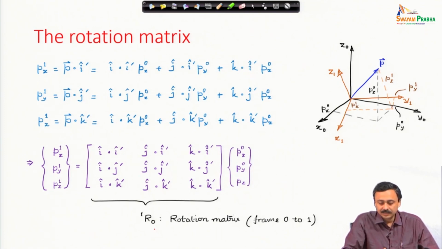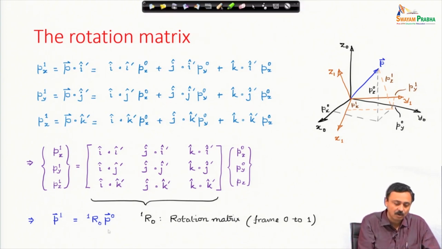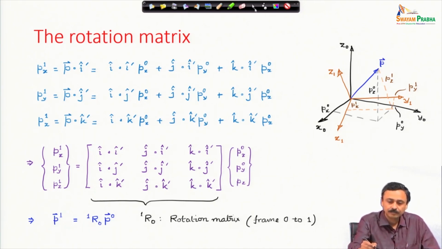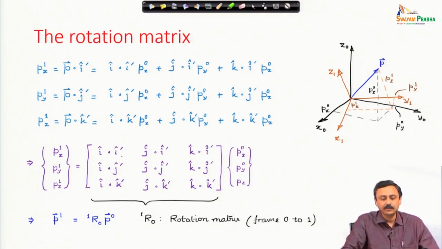This matrix takes the representation of the vector in frame 0 to its equivalent representation in frame 1. On the right hand side we have the coefficients of representation in frame 0, it takes from 0 to 1, and what we get is a representation of the same vector in frame 1. And again this matrix has only dot products, which gives us the cosine of the angle between the various axes.